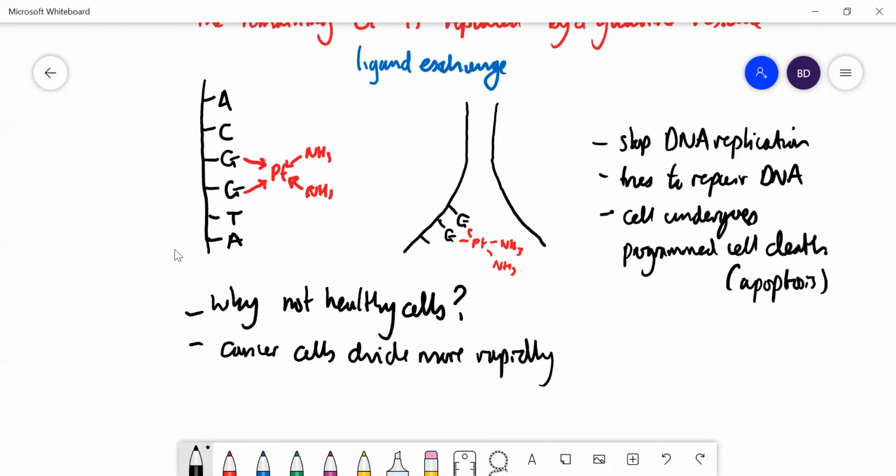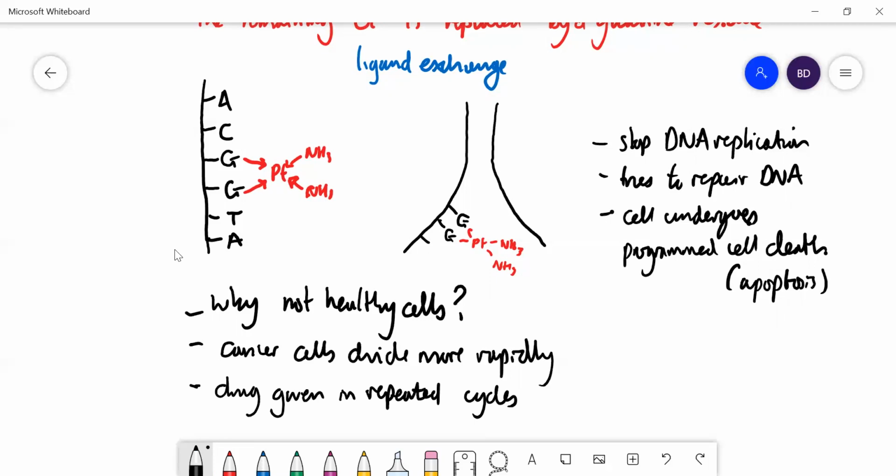I think they've asked in a past paper what can be done to assuage the toxic effects of the chemotherapy, and I think the answer in the mark scheme is that the drug is given in repeated cycles. So it's not given in one huge dose, it's given in several repeated smaller doses.